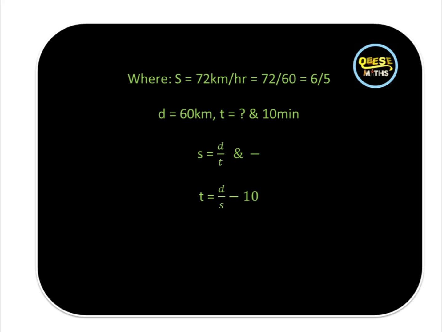Looking at this expression, we can tell where the division sign is coming from and where the minus sign is coming from. So overall, that will bring us to T is equals to 60 divided by 6 over 5 minus 10, which will eventually be 40 minutes. With this clue, we'd like to stop here and see if you can give us the final answer.